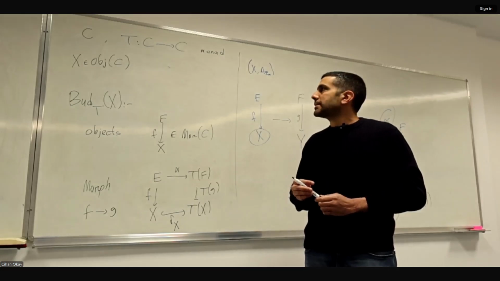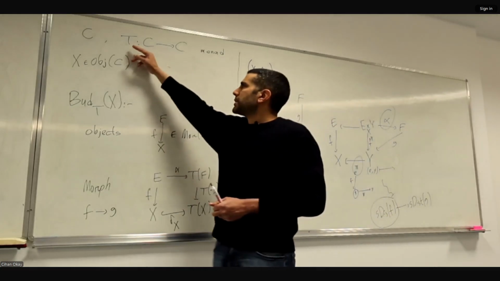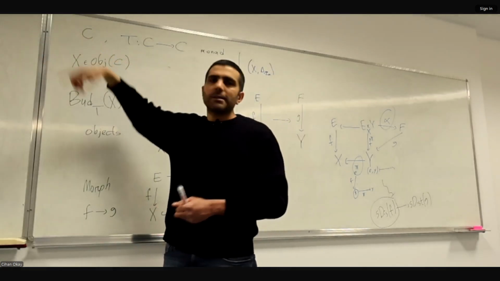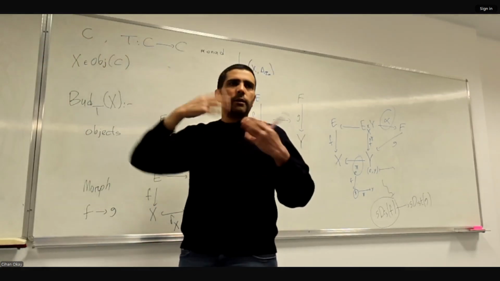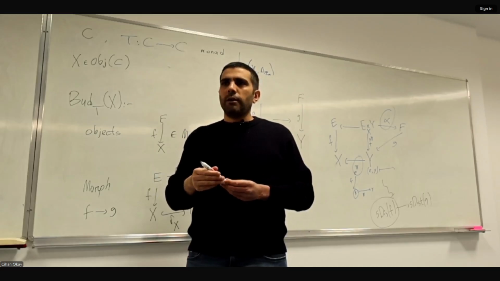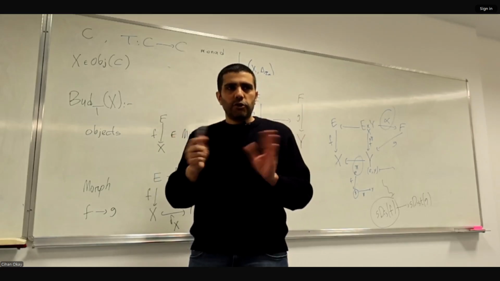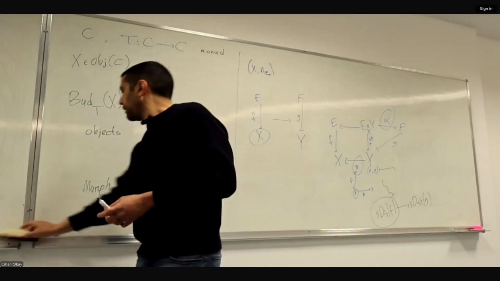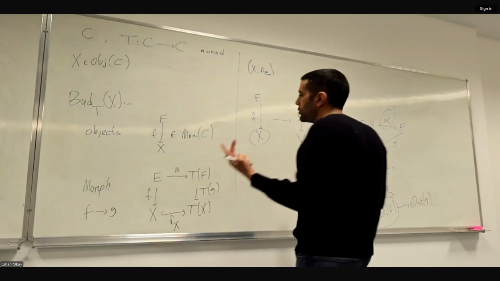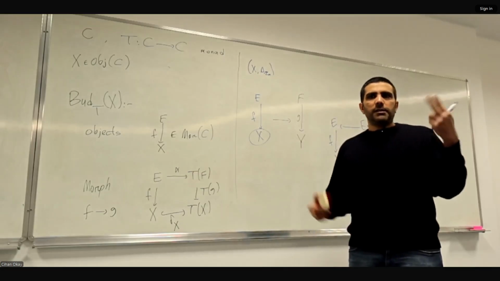At the end of the day, we will use C to be the simplicial sets and T to be the distribution monad, but now we are doing some general construction. This category generalizes two things.